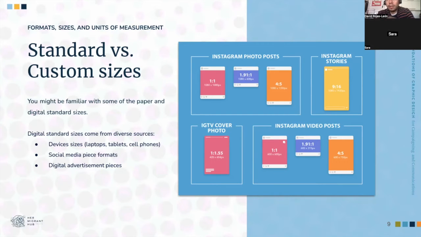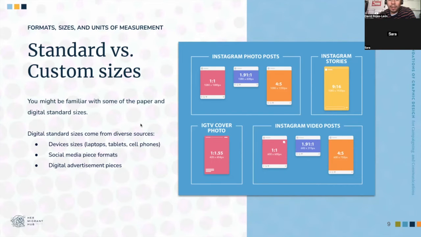So the digital formats are not completely new and different, although some pieces, especially advertisement, have skinny banners, horizontal or vertical, or many other formats that are a bit different from physical paper formats.